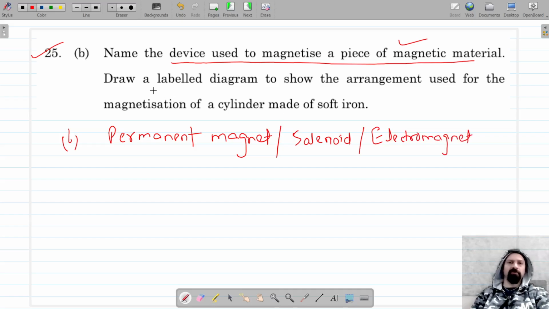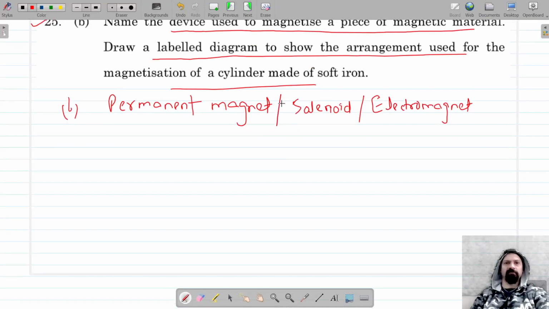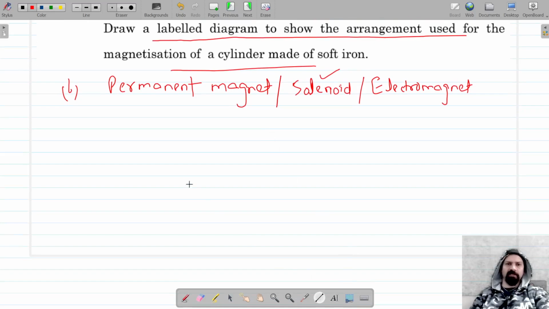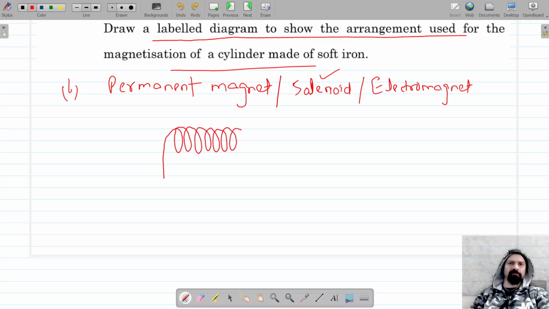Now we have to draw a labelled diagram to show the arrangement used for magnetization of a cylinder made of soft iron. For that we are going to use the solenoid, and a solenoid is a closely wrapped insulated copper wire in the form of a cylinder. So this is a closely wrapped insulated copper wire in the form of a cylinder.